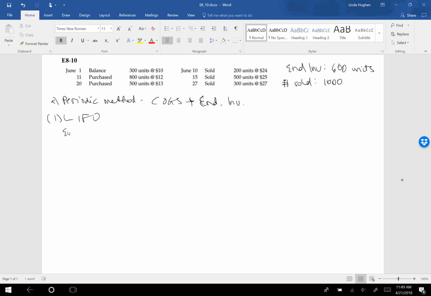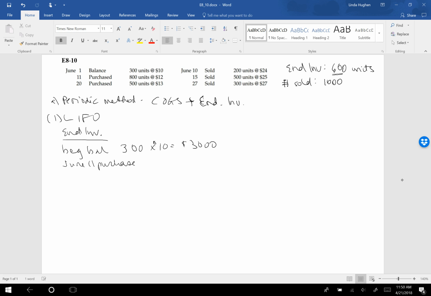So if I want to calculate ending inventory, I'm going to start from the beginning balance. 300 units times $10 per unit, we have one inventory layer worth 3,000. We're trying to get up to 600 units. So we are going to add from the June 11th purchase.